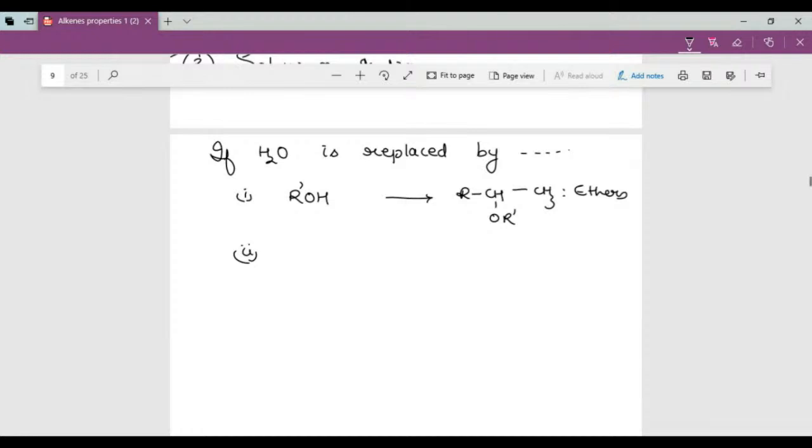Now you can realize the word solvomercuration. Solvent is very important. You change the solvent, you change the product.